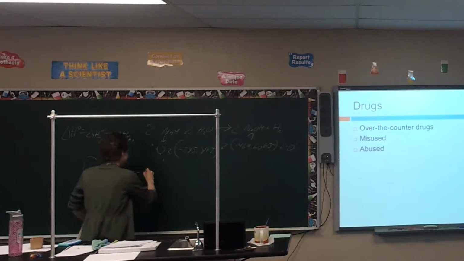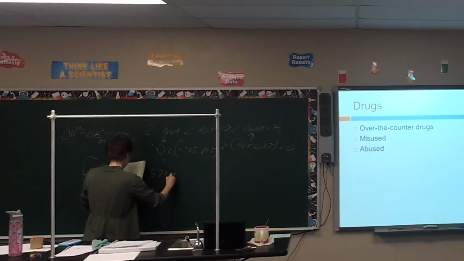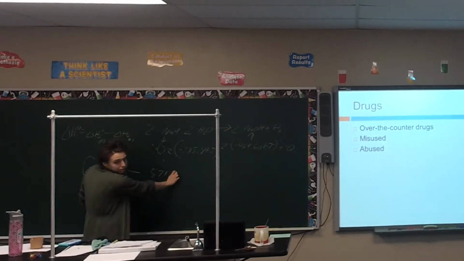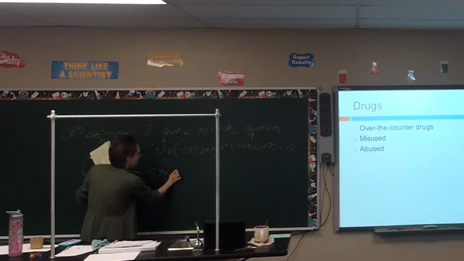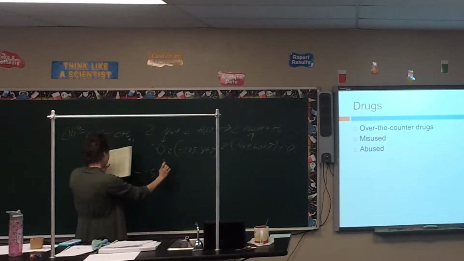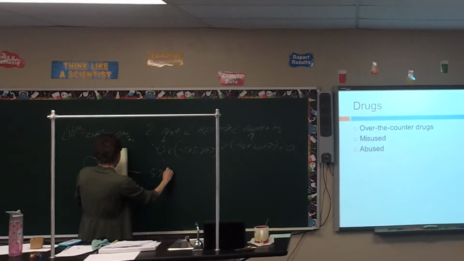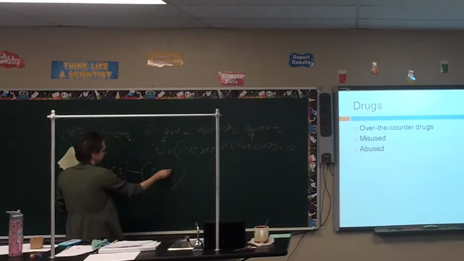Yeah, it's on the bottom, negative. 571... you said 16.8? No, it is 0.6. I'm sorry, I looked at the wrong number. 571.6. Alright, so this is the reactant.